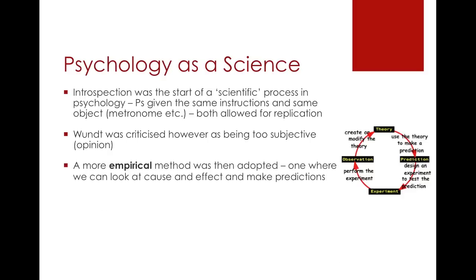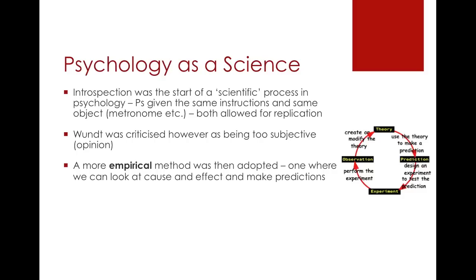But psychology in general, and hopefully you saw that from the timeline at the beginning, has moved to try and be more scientific. So what the vast majority of approaches in psychology have adopted now is the empirical method. This is where we can make predictions and test those predictions.